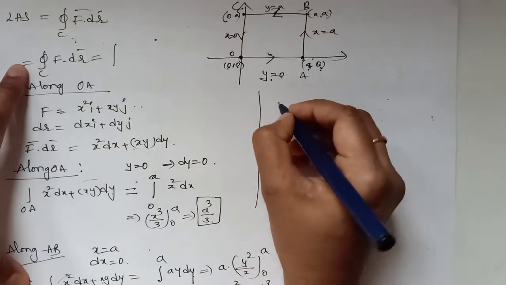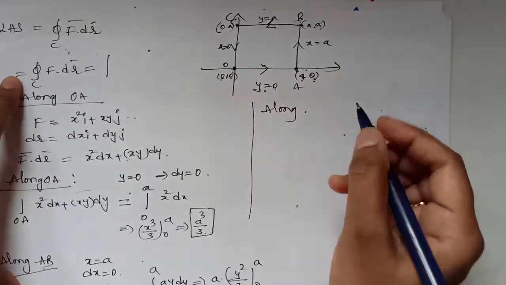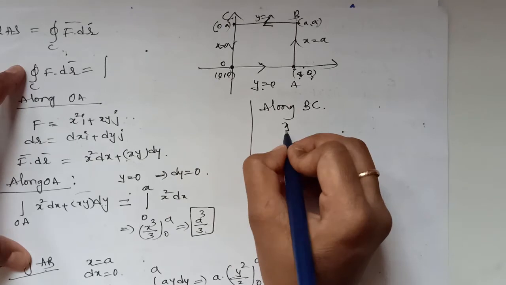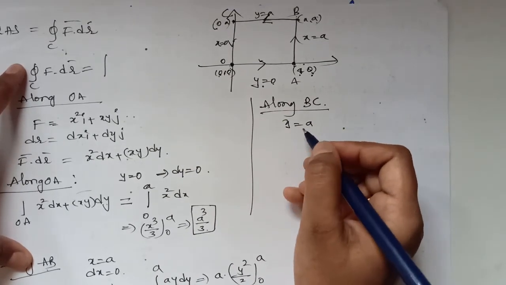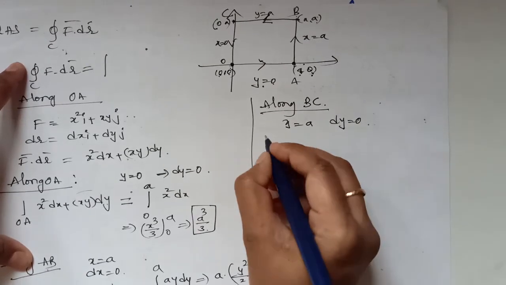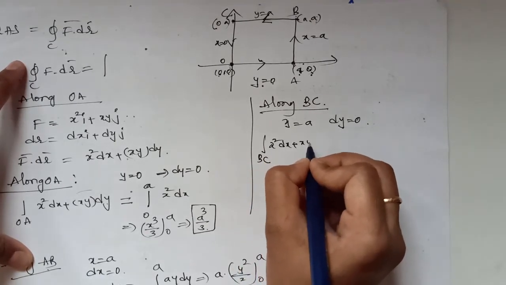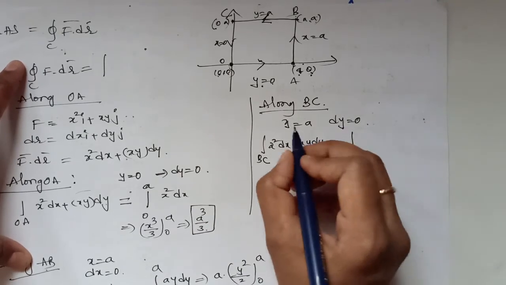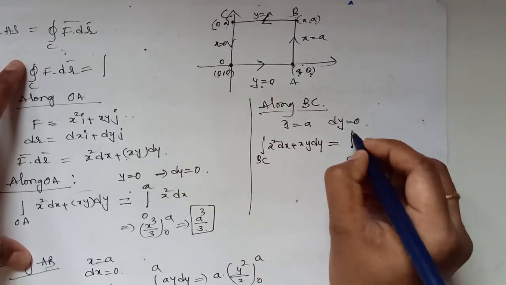Now along BC, y is equal to a. Along BC, y is equal to a. When y is a, dy is 0. Therefore integral BC x square dx plus xy dy is equal to integral, when y is equal to a, x varies from a to 0.